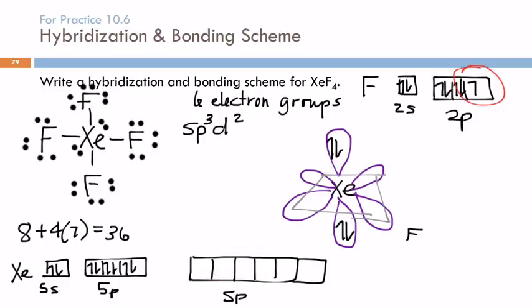So sp3d2. What happened to the other 3d orbitals? Nothing. They were empty before, and they're just sitting there empty. They're just not being used. It's okay. What do you mean other 3D? Because there's 5 d orbitals, we use 2.